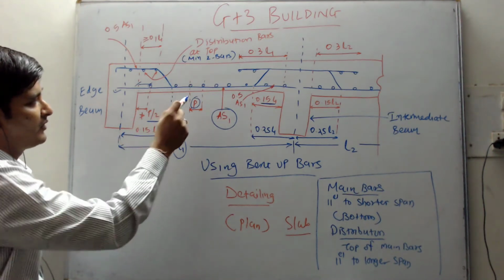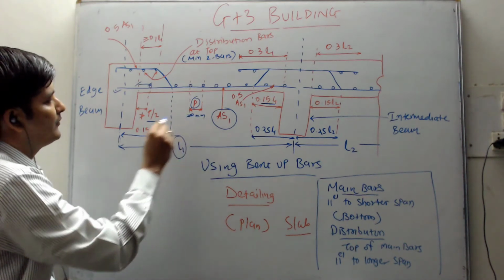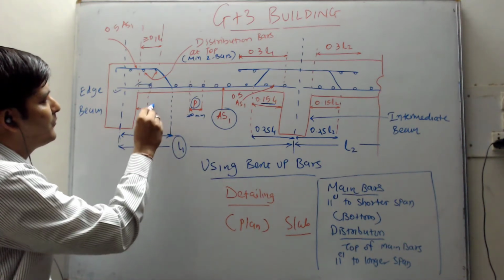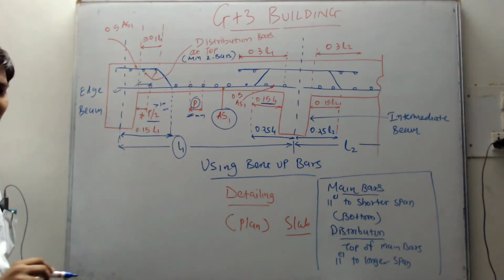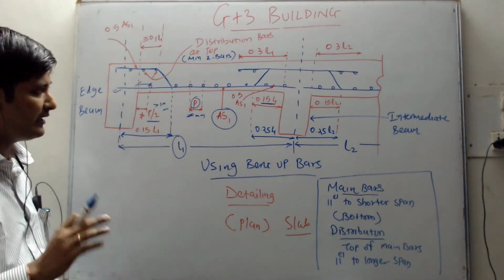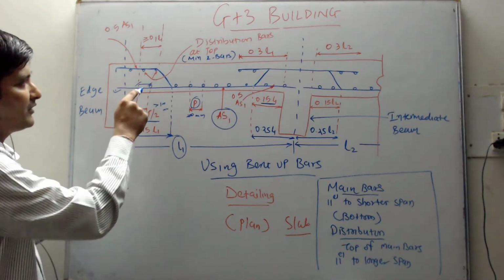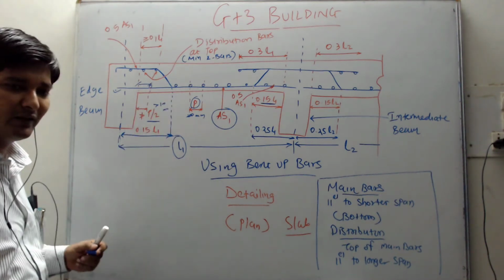Let us say, for example, this is 200 mm, so this distance should not be more than 100 mm. So we need to provide it within 100 mm, say 50 mm, 90 mm, 80 mm, 95 mm. So this first bar should not be placed more than P/2, where P is the maximum center to center spacing between two bars.